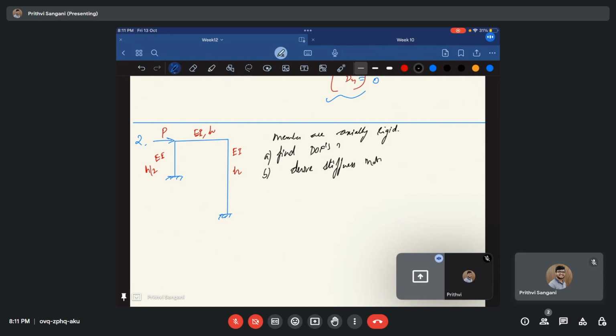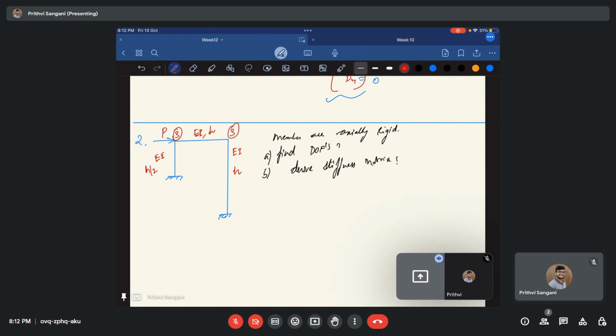Derive stiffness matrix. Now solving, how many degrees of freedom does this member have? Actually, it should have 3 degrees of freedom here, and 3 degrees of freedom here.